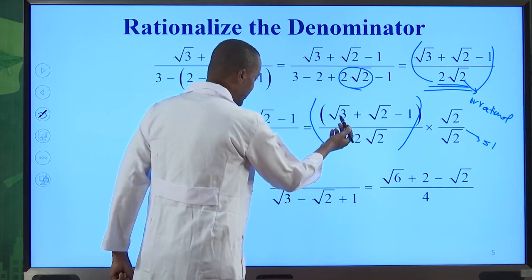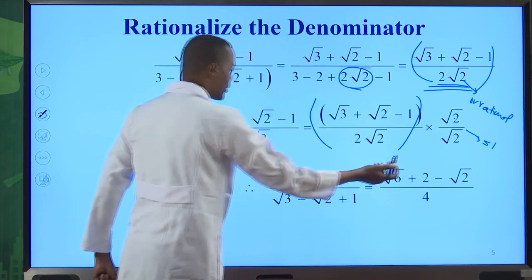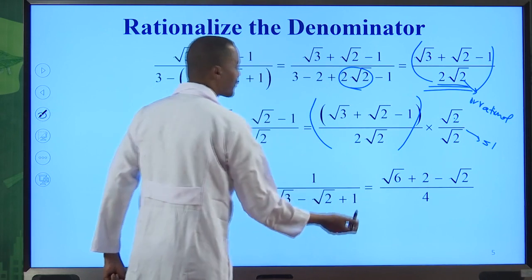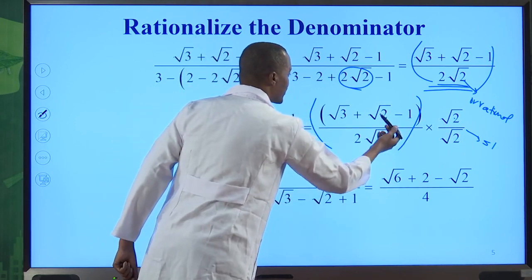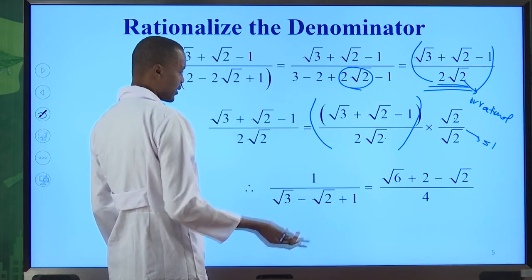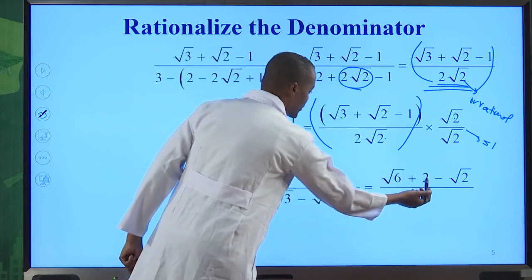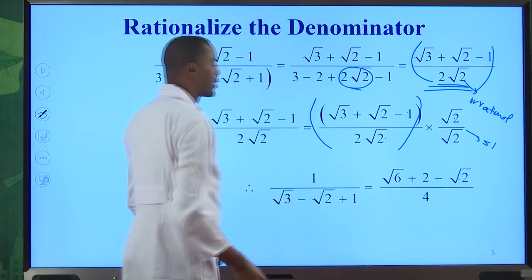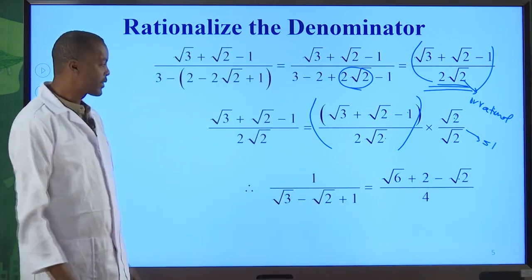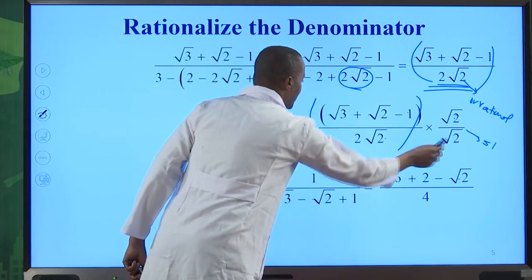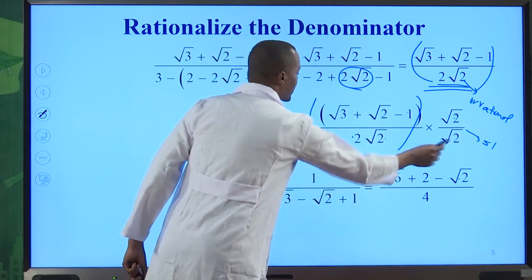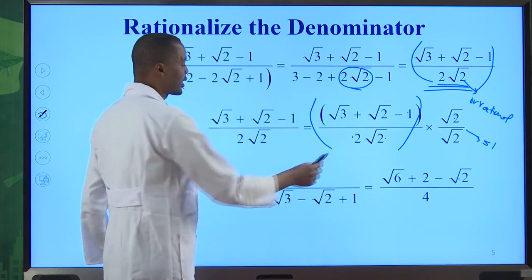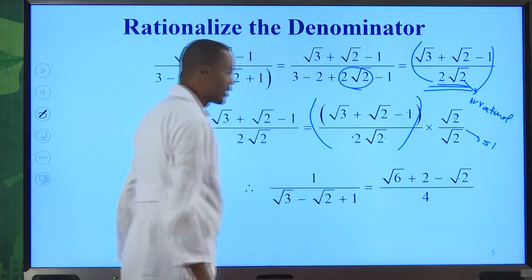So in this case, root 3 times root 2 will be equal to root 6. Root 2 times root 2 is root 4, which is 2. Root 2 times minus 1 is minus root 2. But for the denominator part, root 2 times 2 root 2. Root 2 times root 2 is root 4, that is 2, and 2 times 2 will be 4.